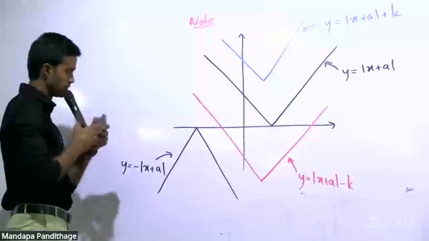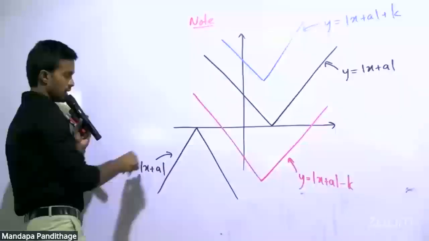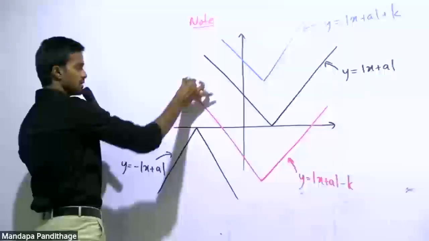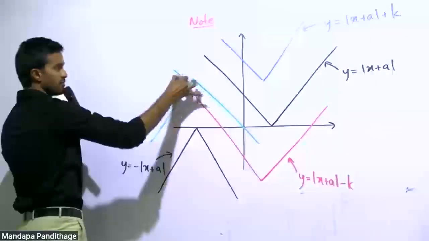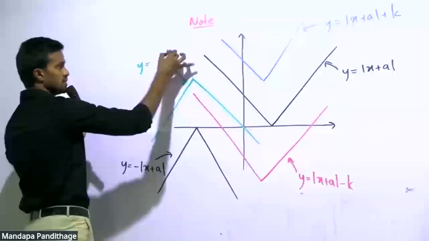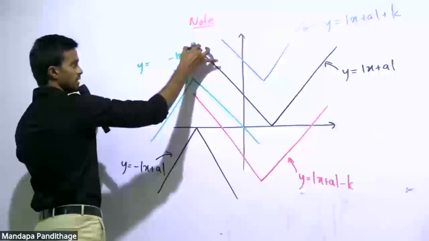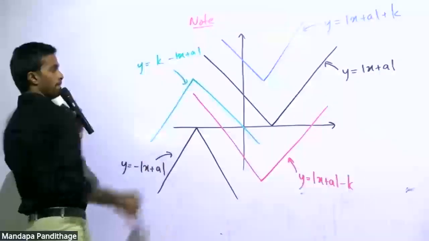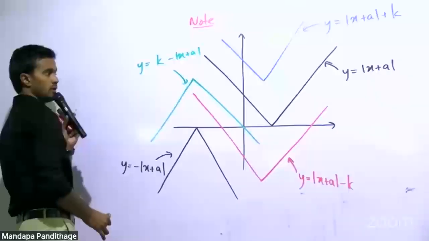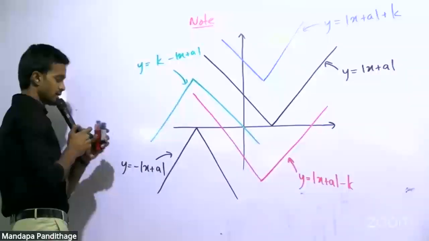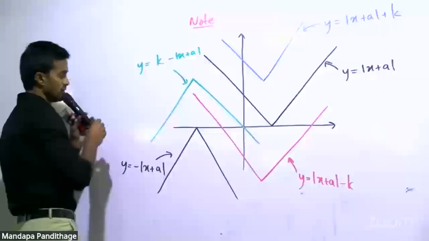Let's do one more. If you have y equals minus modulus plus something, then it comes up. So these are normally the shapes that you get based on the modulus function.